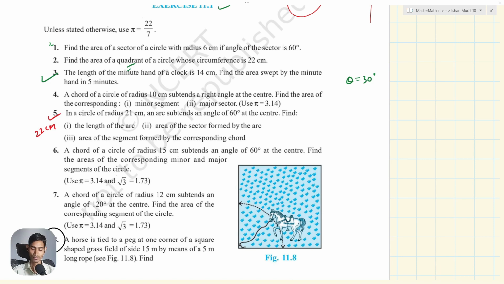So for the second one, the answer is 231 centimeter square. Yes, sir. And for the third one, it is 40.26 centimeters square.